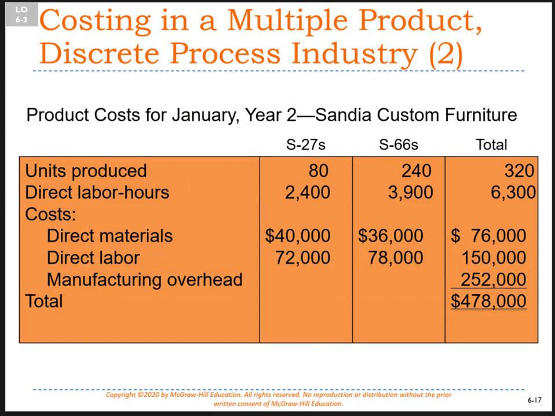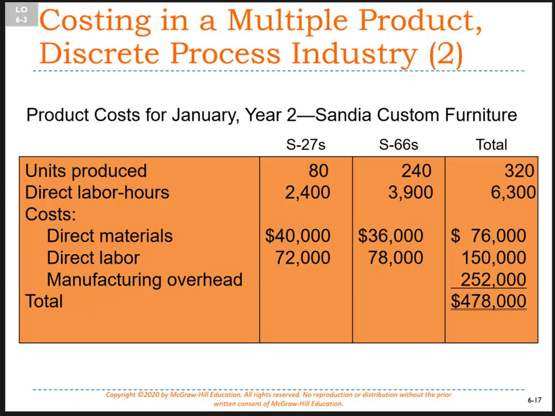So we'll show you how we might think that through. Here's an example of how many we produced. Looks like we changed our 72s to 27s and 66s units produced. Direct labor hours to do the S27s. Direct materials, direct labor, easy to allocate between the two products. Manufacturing overhead is kept over here to the side because we haven't yet allocated that $252,000 between the two products.